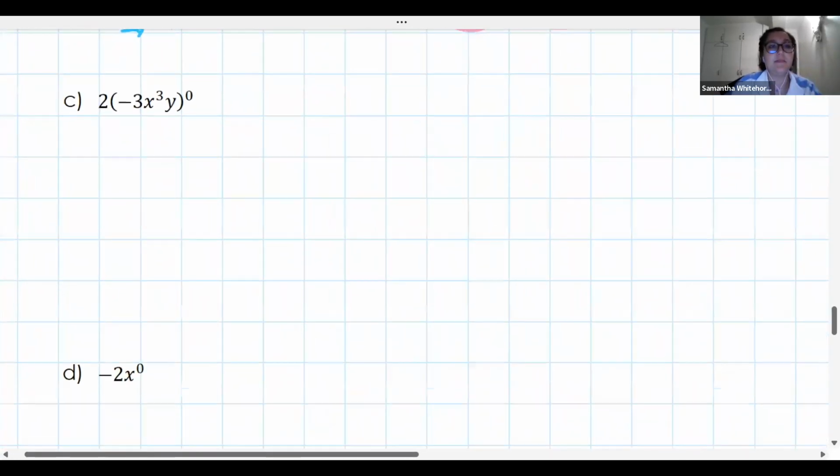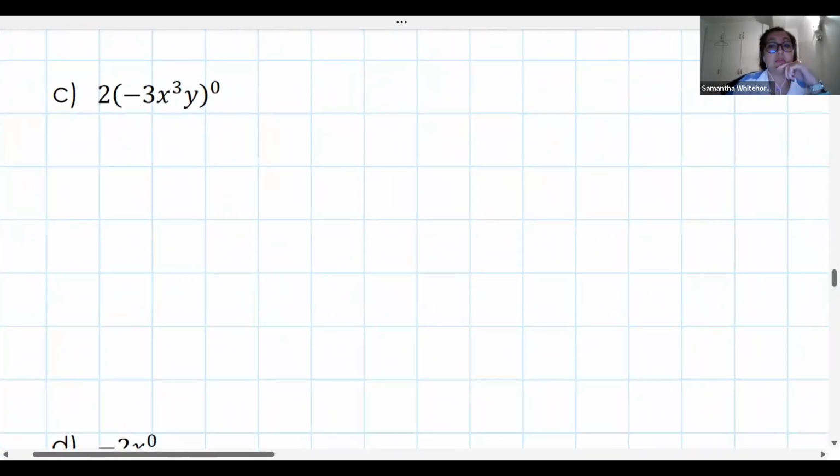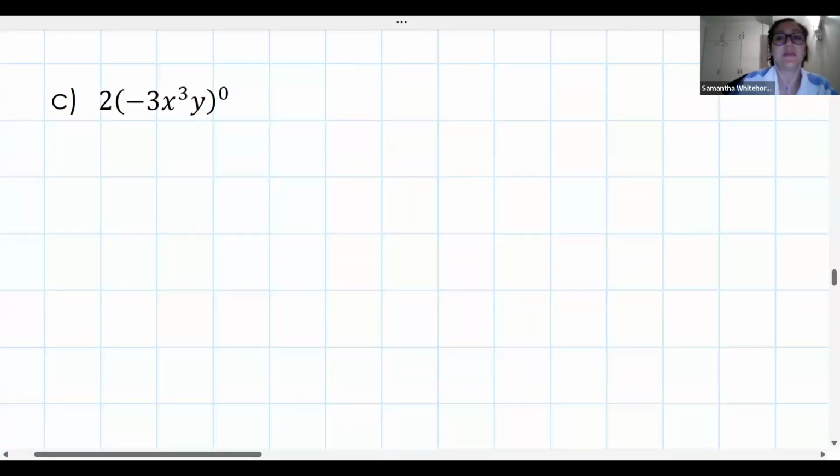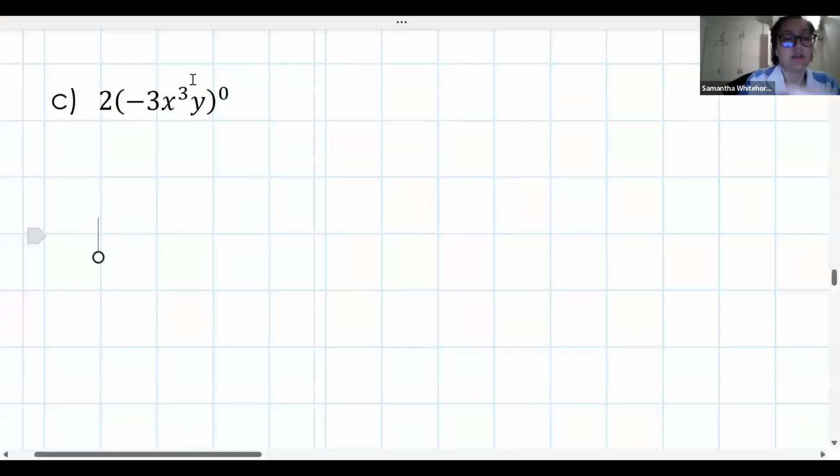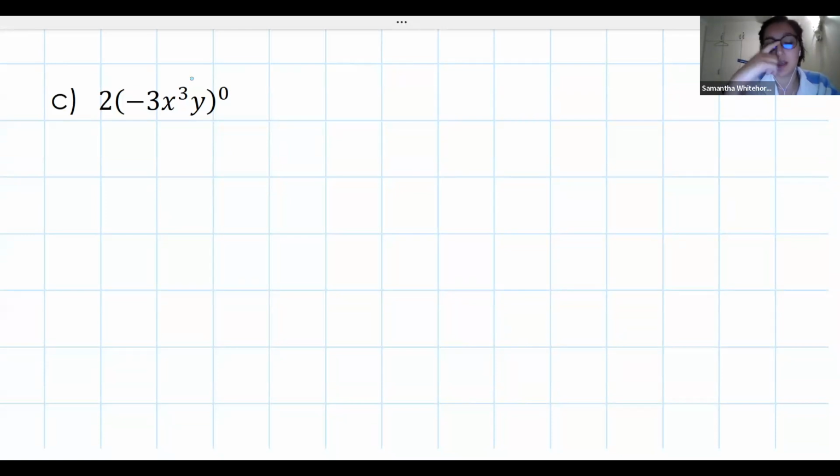So if we go back up to C, hopefully because everyone was listening to me earlier, we know how to do question C. So my distributive law tells me, I'm not going to do the whole thing. You're going to try it by yourselves. I'm just going to help a little bit. The distributive law says that we need to multiply the outside exponent to all the exponents inside my bracket. Now remember, this -3 has an exponent of 1.